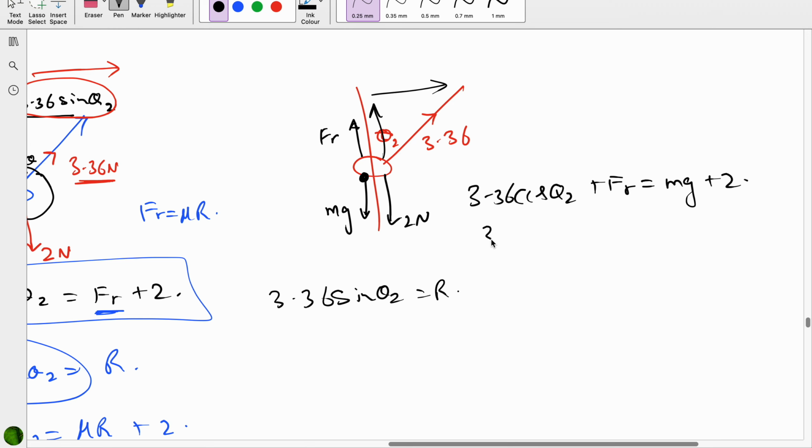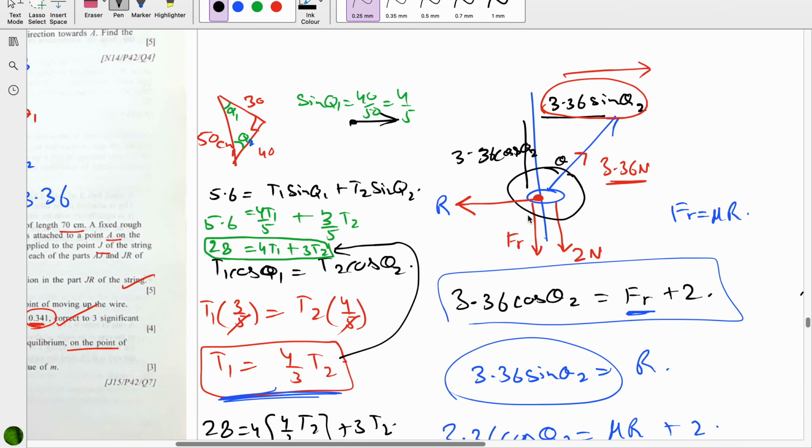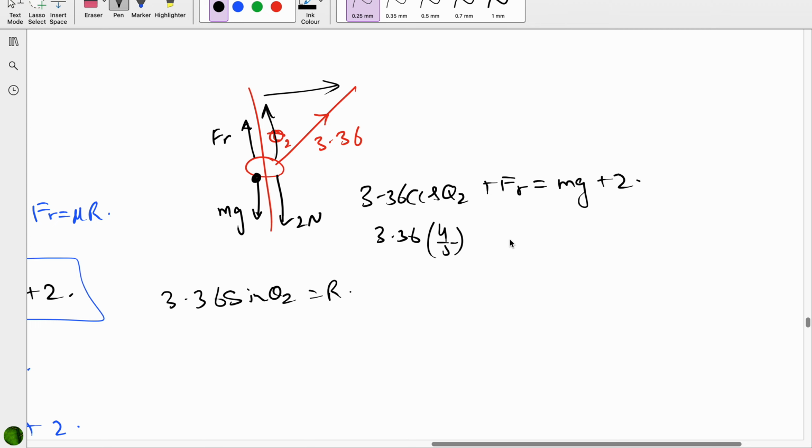So we replace it again. 3.36 cos of theta 2 is 4 by 5. Let me just confirm that. 4 by 5 plus mu, it says it is not changed, so it's 0.341, and R is all this.